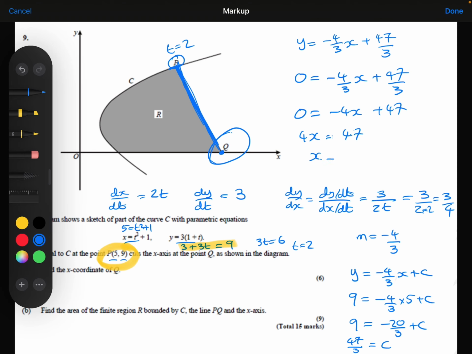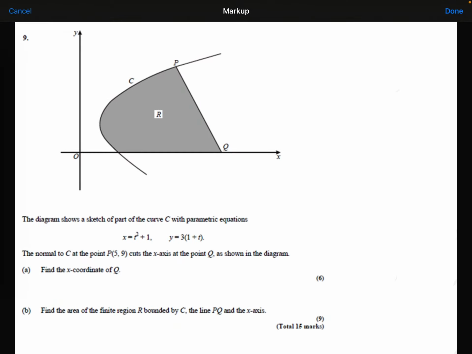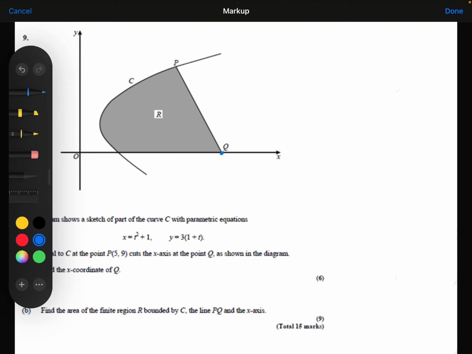And I find that the x-coordinate is 47 over 4. So that's my answer to part A of this question. Let's move to part B. We just found out that point Q here, the x-coordinate was 47 over 4.